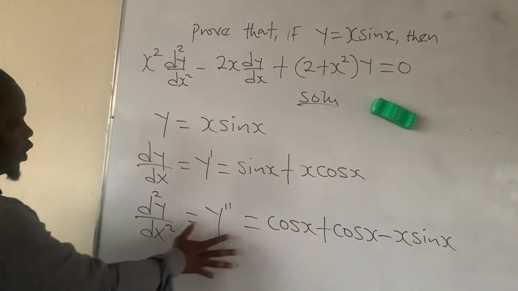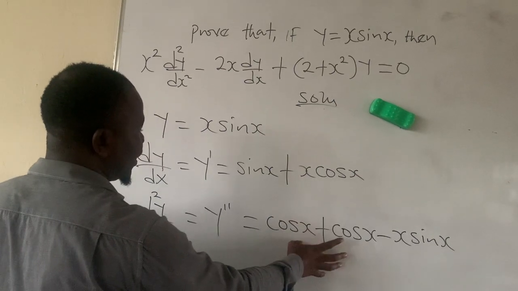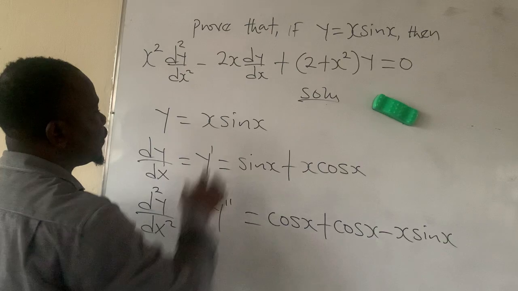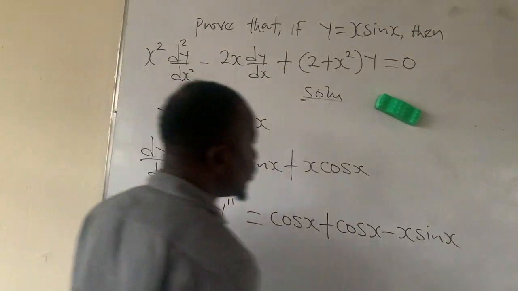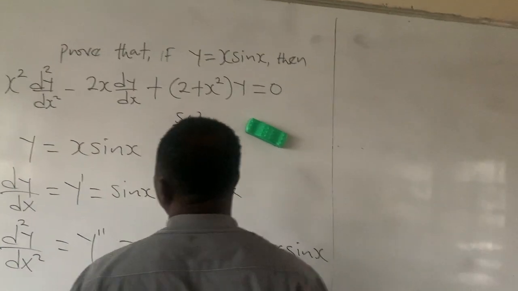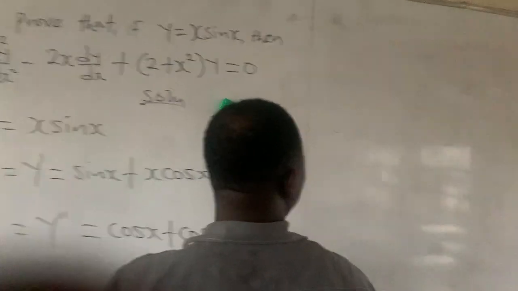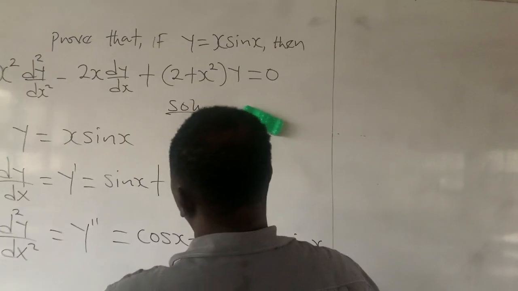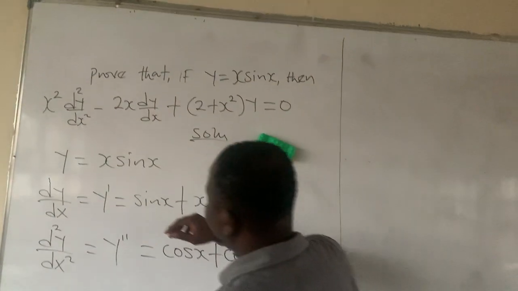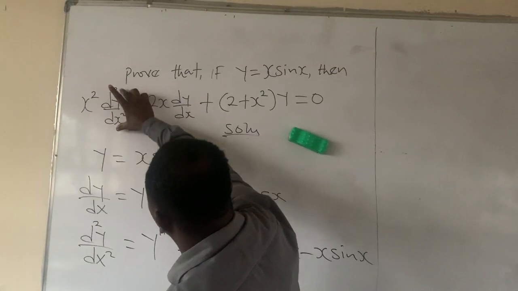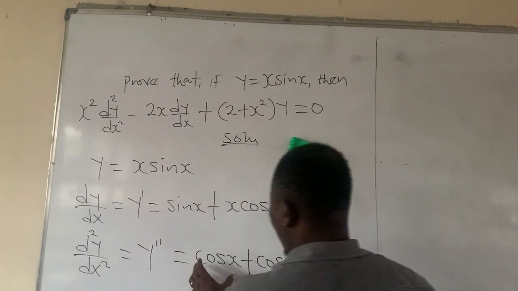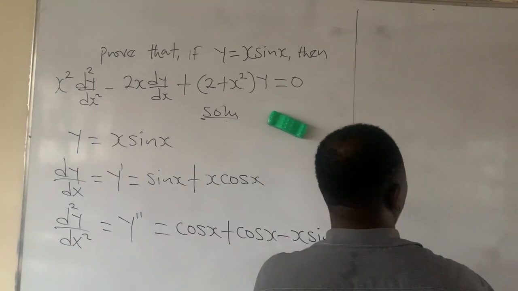Then we will substitute this value, this guy and this guy, into this differential equation. How? Let's do it together. Here, d squared y over dx squared, we are going to substitute in this.